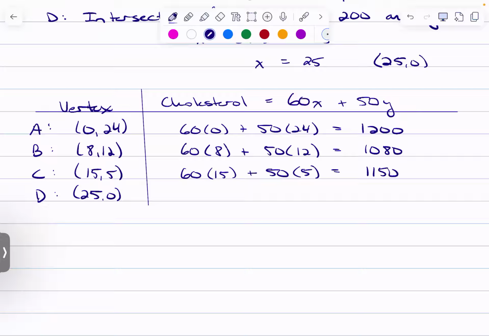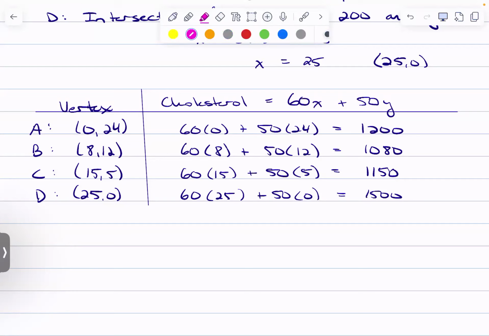Not as good as that second one. 1150. And then finally, 60 times 25 plus 50 times 0. Ooh, that's a bad one. 25 pasta meals. Probably not. In theory, I guess you would have an upper limit on the number of meals that you would eat at the school, but we'll ignore that. Maybe he goes to work and eats every day.